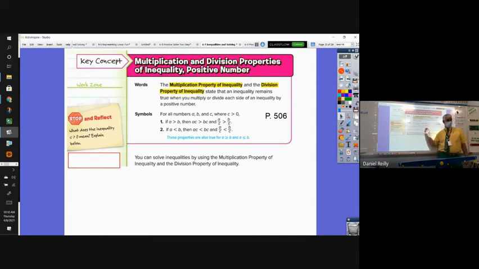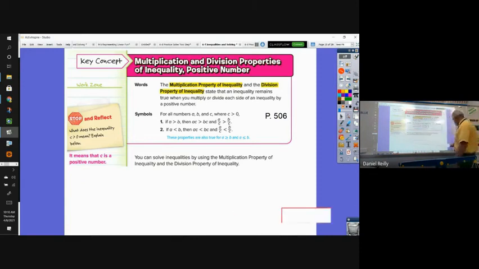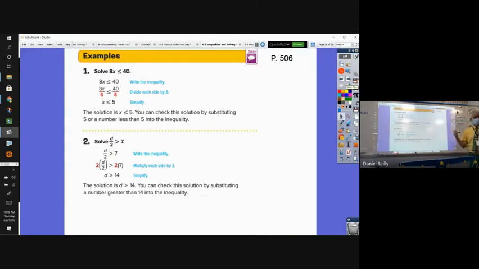So if I multiply or divide both sides of the inequality by a positive number, it's basically the same as what we did with equations. C is greater than 0 as part of this rule. That's the number I'm dividing both sides by or multiplying both sides by. C is greater than 0 means that C is positive. If it is a positive number, then everything is just the same as equations.